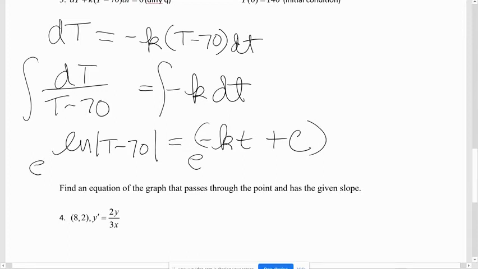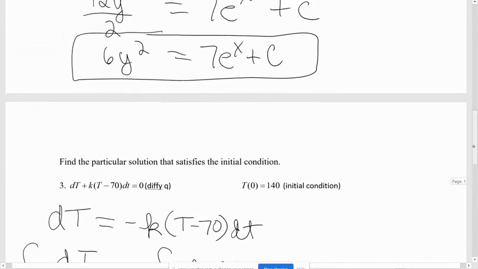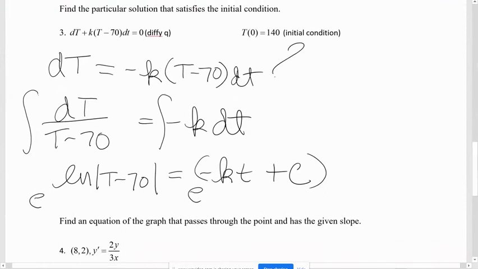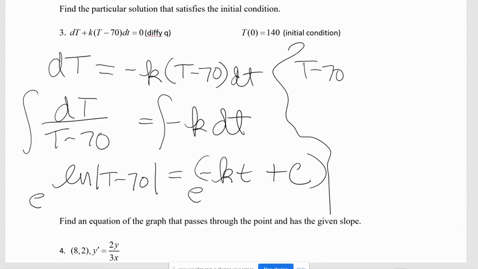All right, so e to the ln of T minus 70 is just going to be T minus 70. I can drop the absolute value bars because, in order for this to work, we had to take the natural log of a number that was positive.